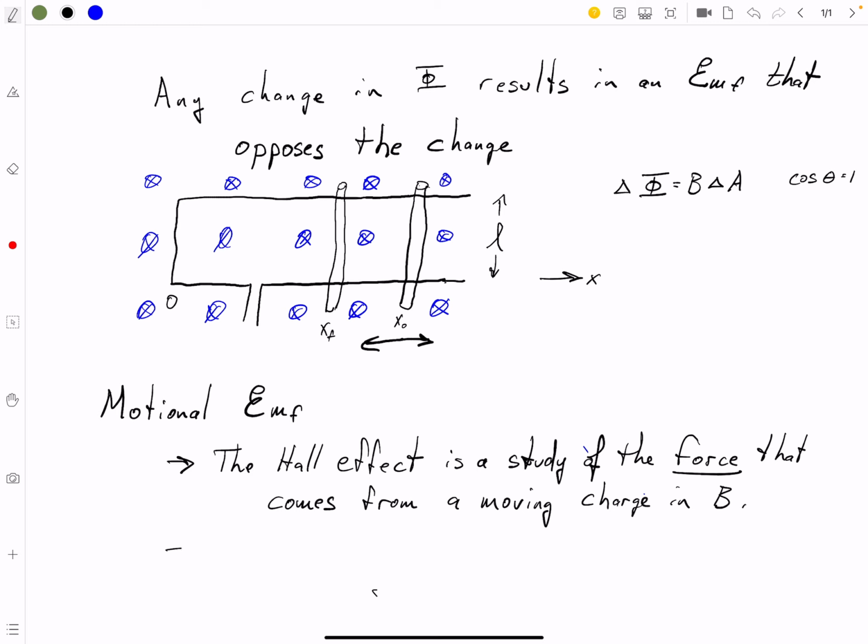But this, how do I want to word this? We're looking at what happens when we change, due to the changing, not do, due to a changing loop area.